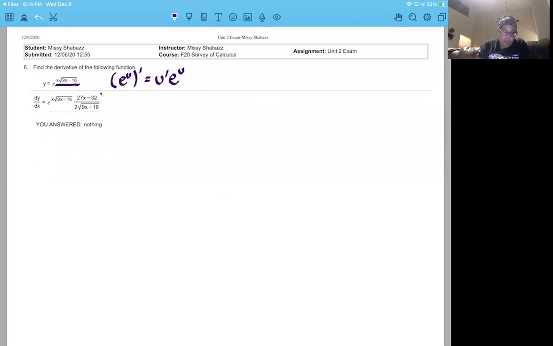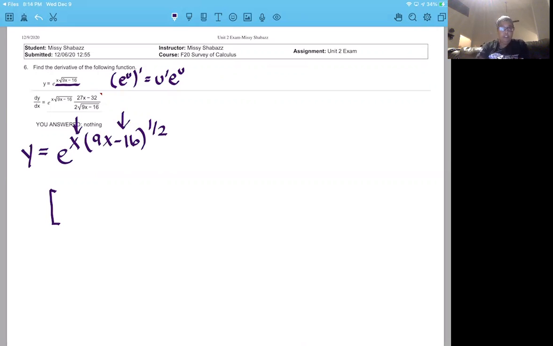So I'm going to go ahead and just rewrite this function. I'm going to write this as x times (9x minus 16) to the 1/2. Right, so the first thing I'm going to do is take the derivative of that exponent. I'm saying x is the first, and the second is (9x minus 16) to the 1/2.